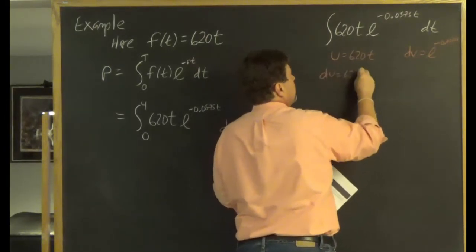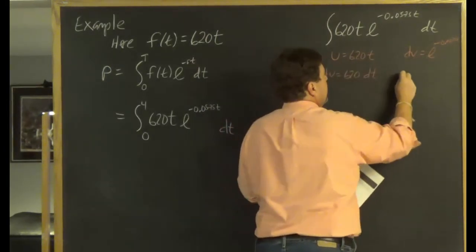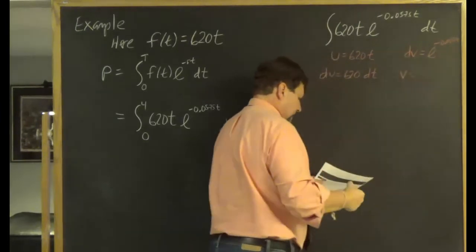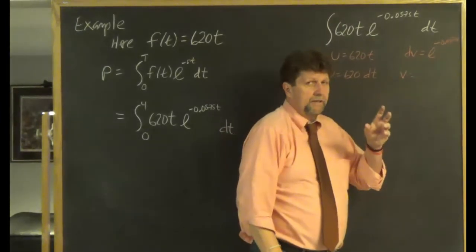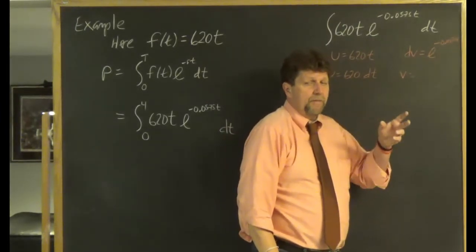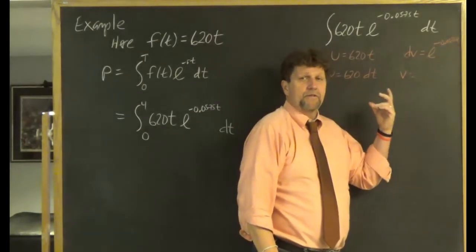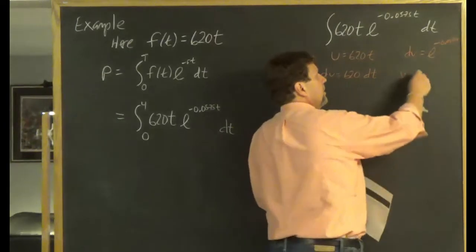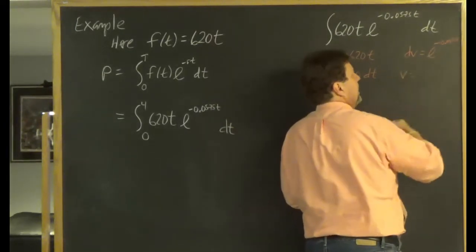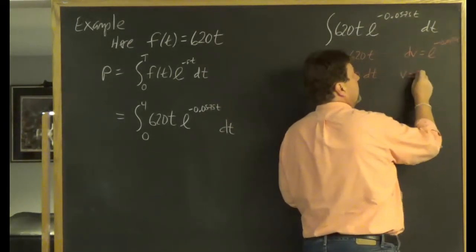du is 620 dt, and v is, and that's where that little formula that you first saw in chapter 6, and I reviewed it in this video, comes in, and quickly get an antiderivative here.